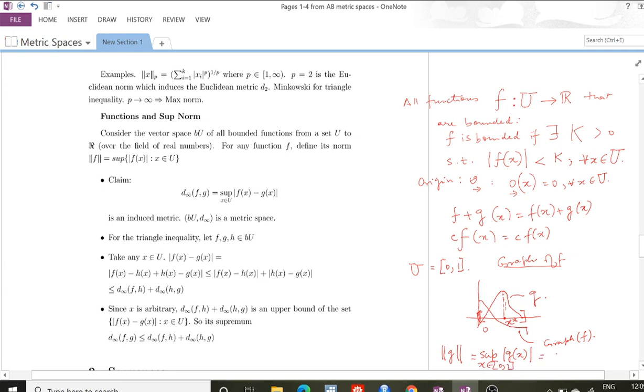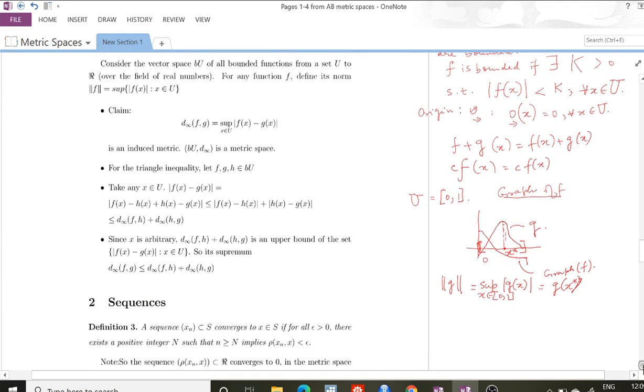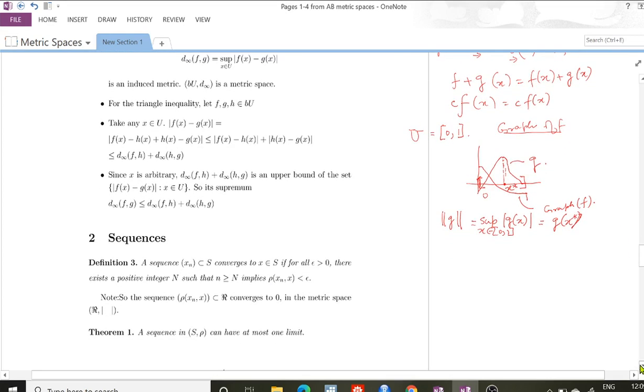So it's going to turn out that in this case it's just g of x star. Okay? So we call this the sup norm. You can check that this is indeed a norm, that it satisfies the three properties of a norm. I leave that to you to check.